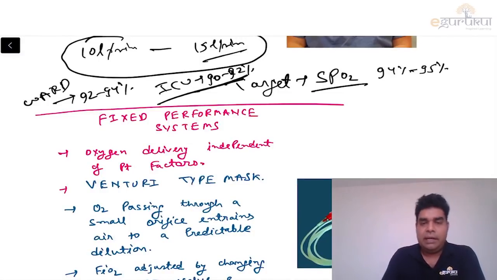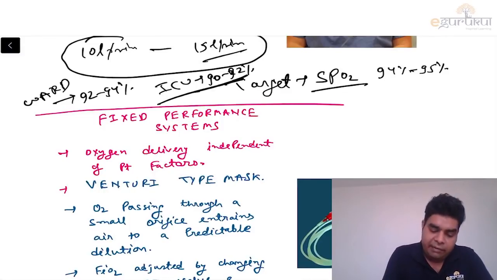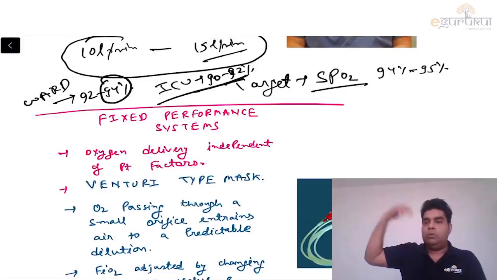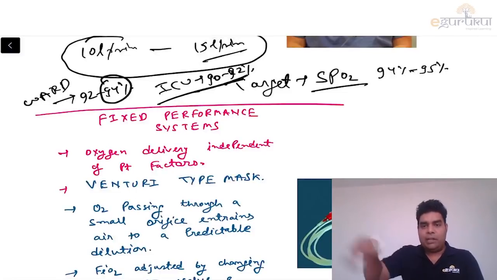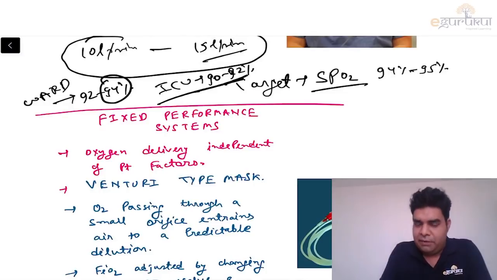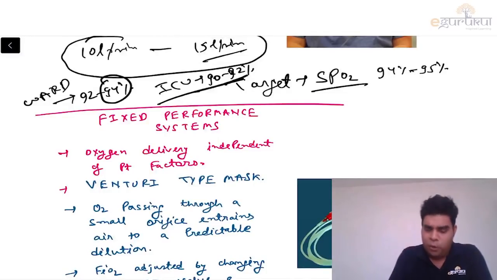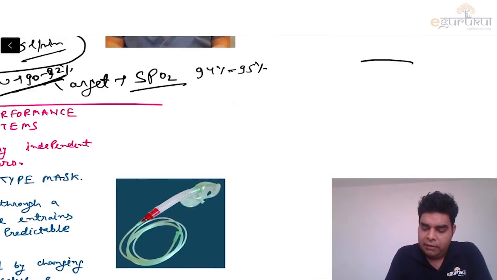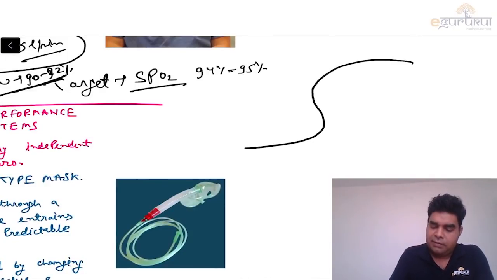So if this 94% has been achieved in the ward, then we need not keep shifting to another device. We can be assured that the patient is taking enough oxygen, because the oxygen delivery system in our blood follows a sigmoid curve.